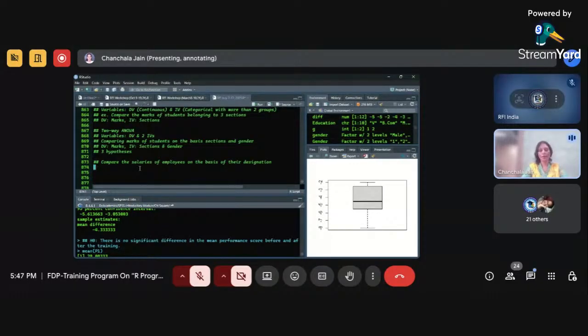Suppose I'm making my vector for designation first. Any three designations: suppose I'm taking accountant, manager, and clerk. I used this data previously also, but it may vary in terms of counting.